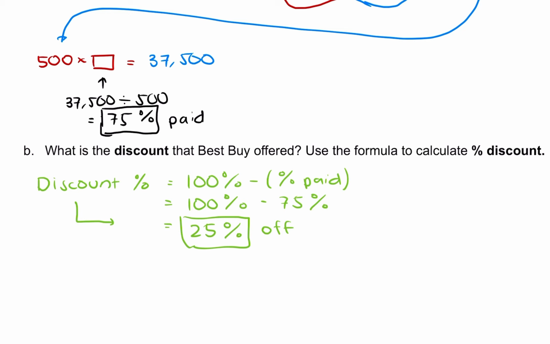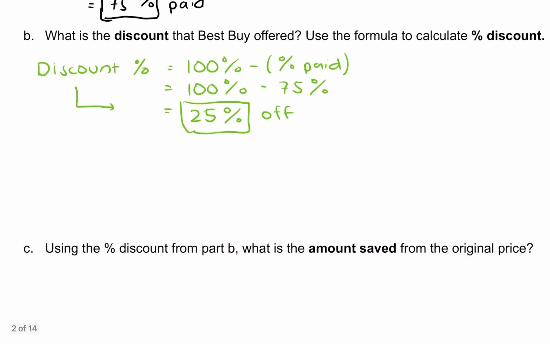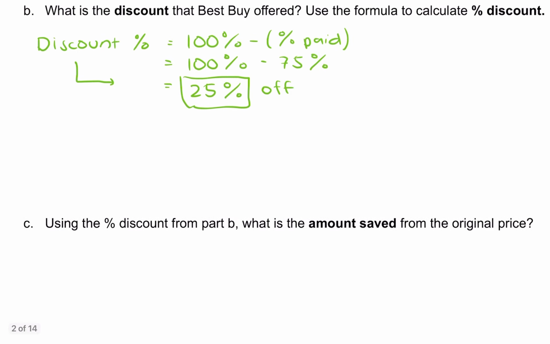But there are some people who think in percents, and some people who think in actual dollar amounts. So one of the things we also wanted to find here was how we can use our discount of 25% off to determine how much money we actually saved in this sale. There are two effective ways to do this.